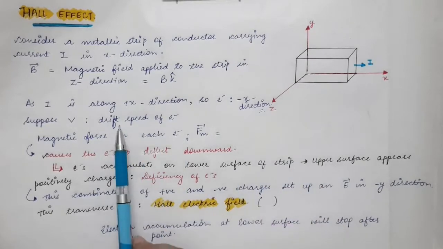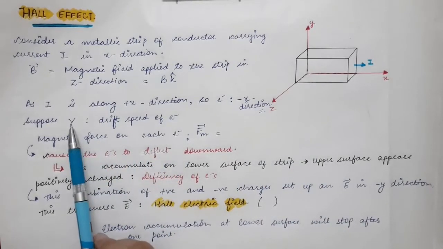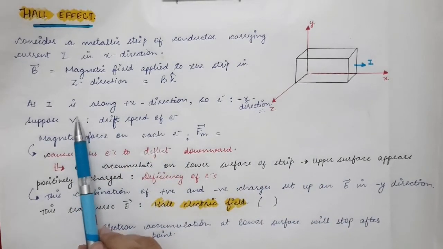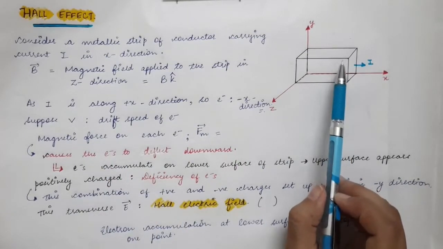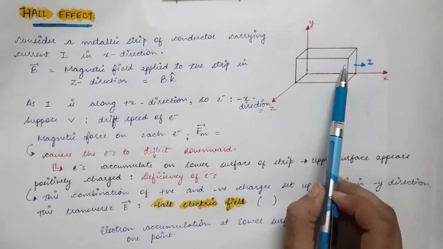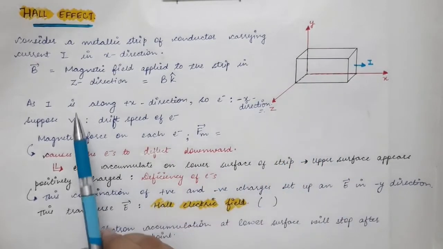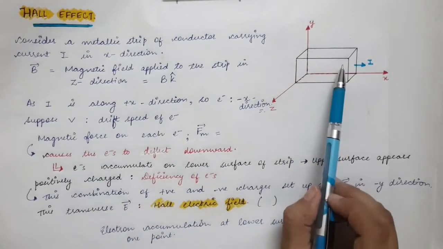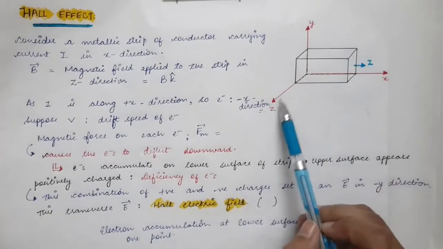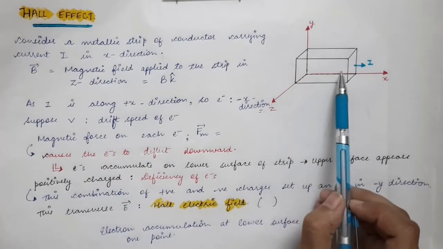Let's say the drift speed of the electron is given by v. Now we have applied an external magnetic field to this strip.